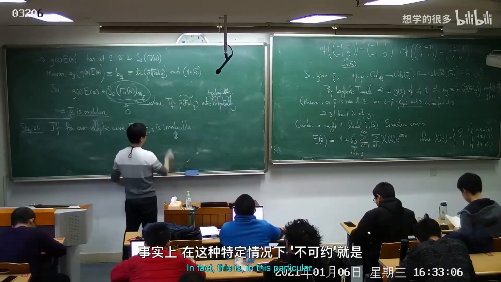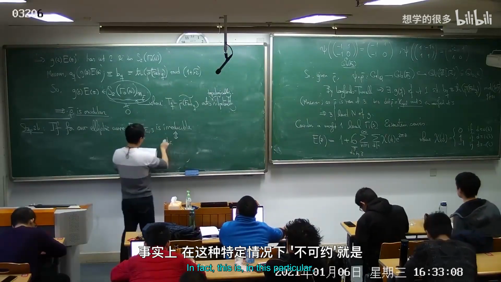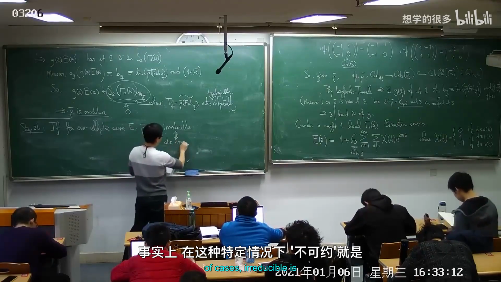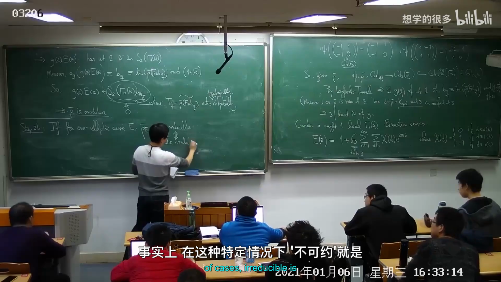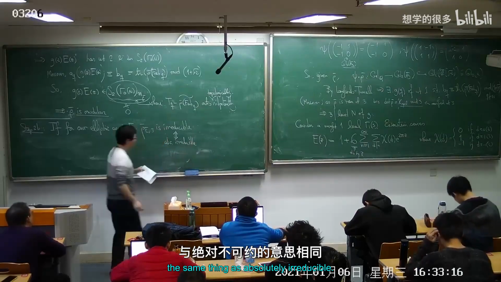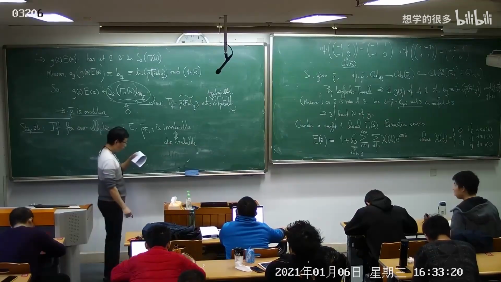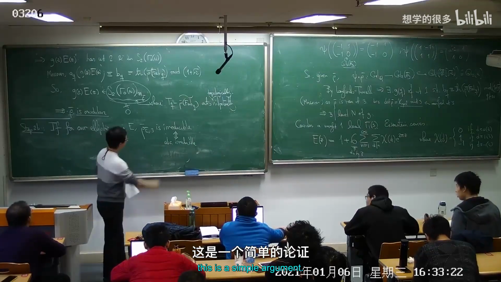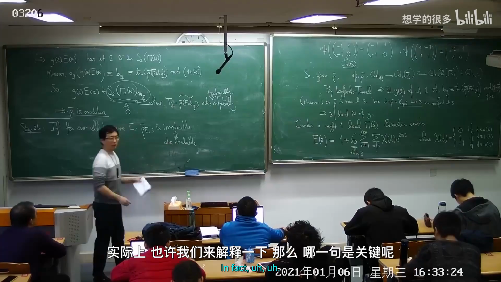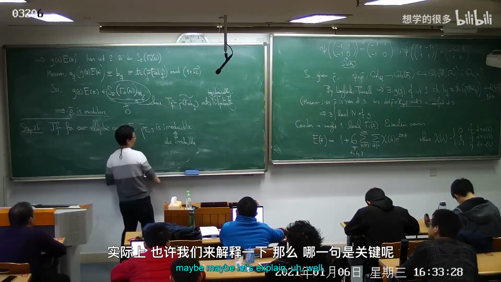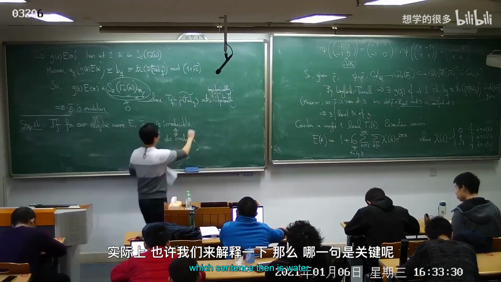In these kinds of cases, irreducible is the same thing as absolutely irreducible. I'm not going to explain this, but it's a simple argument. In fact, maybe let's explain. Let me finish the sentence first. E is modular.